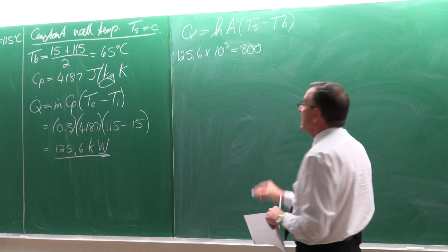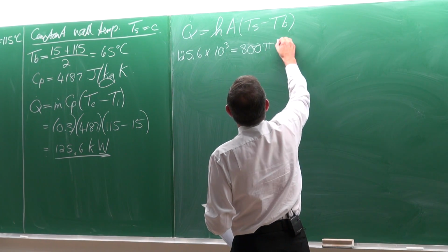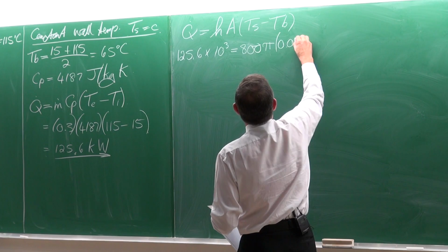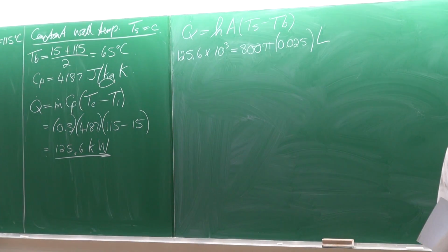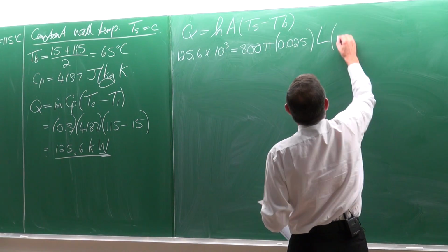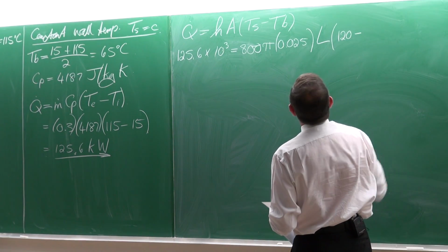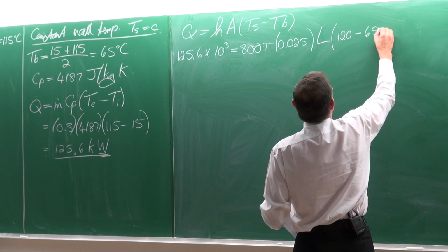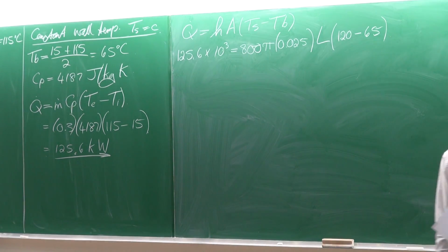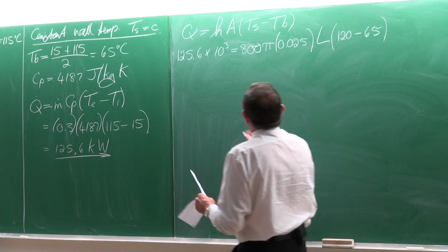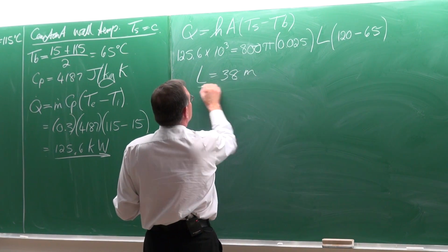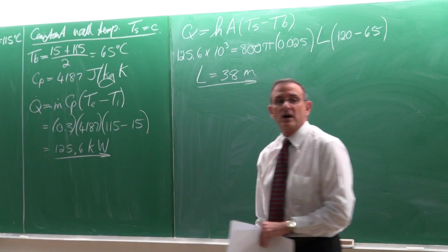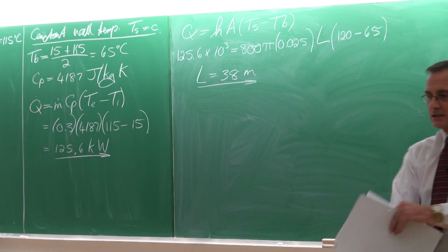The surface area of the tube is pi multiplied by 0.025 multiplied by L, multiplied by the surface temperature of 125 minus the bulk temperature, which is 65. And if we calculate it, we get that the length of the tube required is 38 meters.